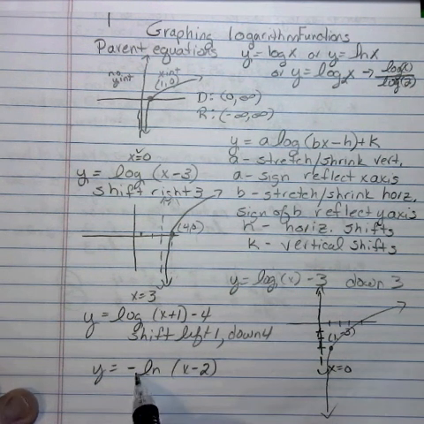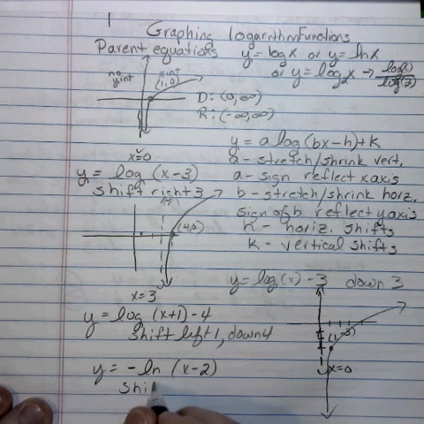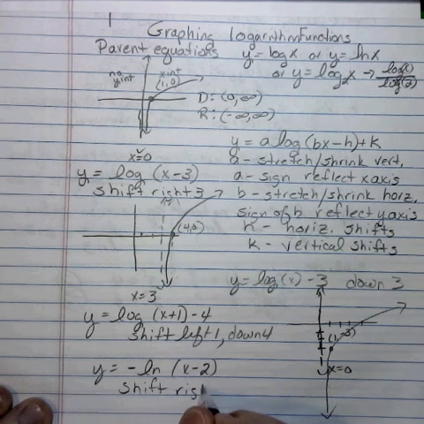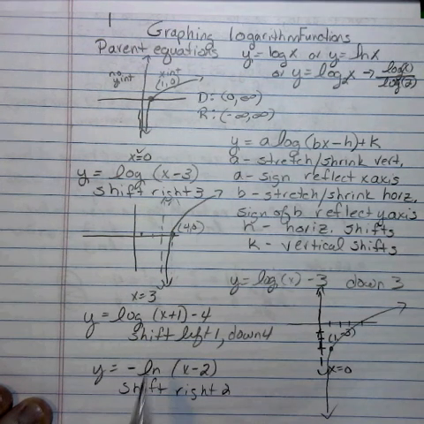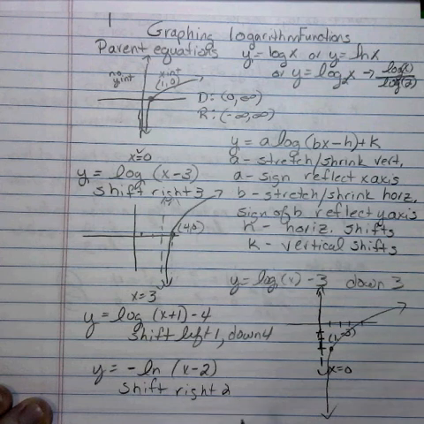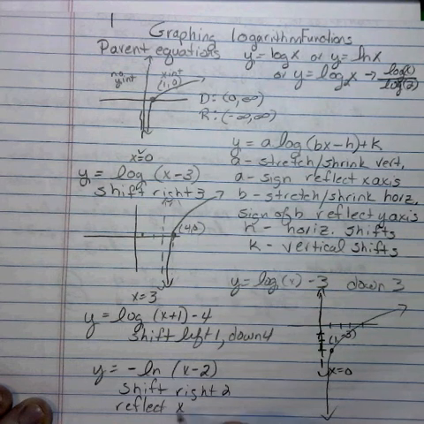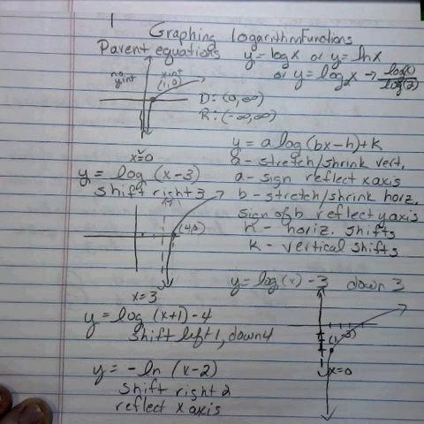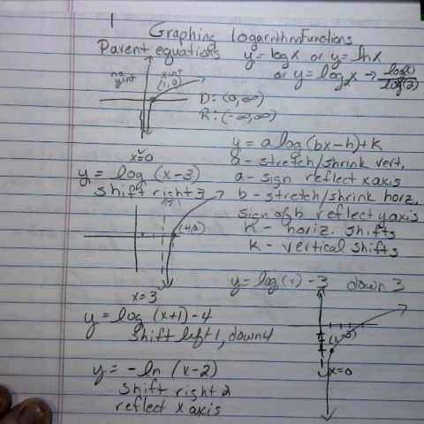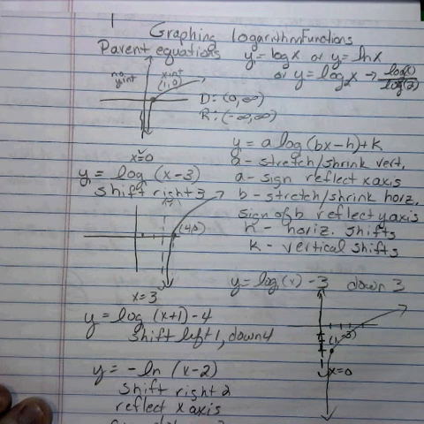That particular graph would give us a shift to the right 2 units, and then it would reflect over the x-axis because of this negative. With this right shift, it does shift the asymptote also, so our asymptote would shift also to x equals 2.